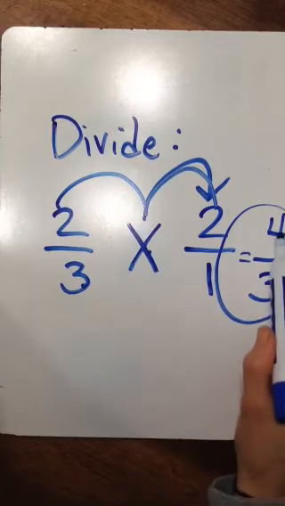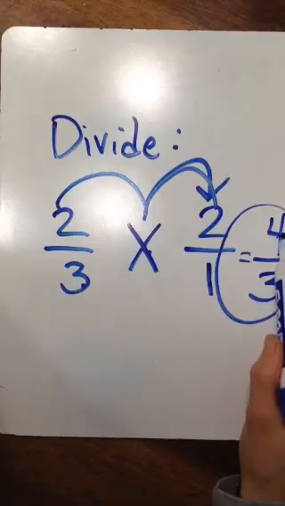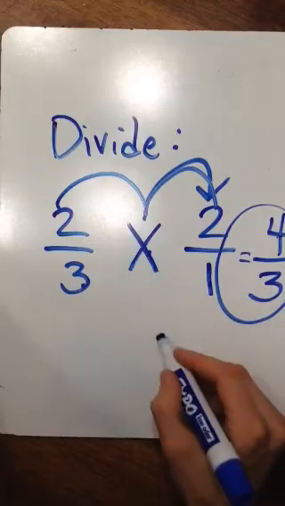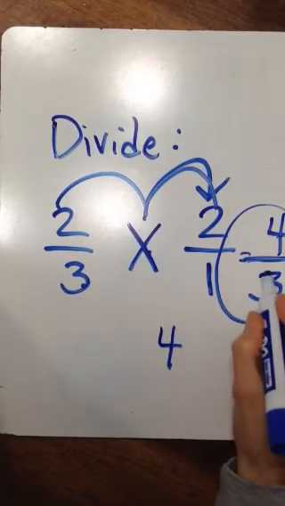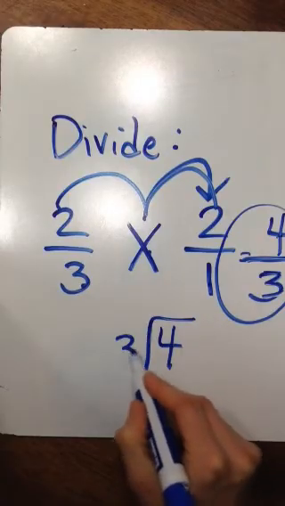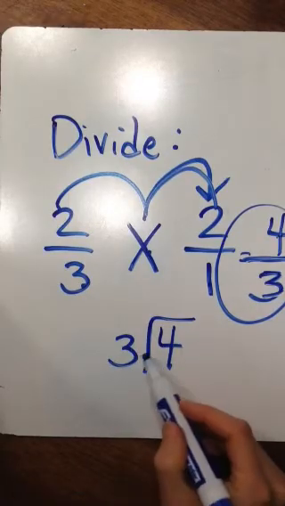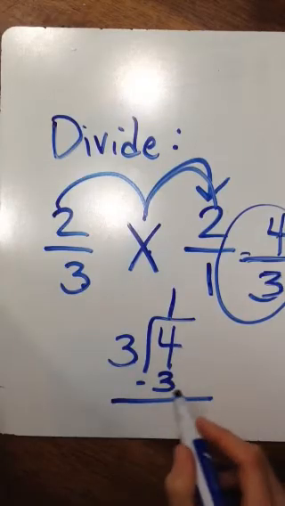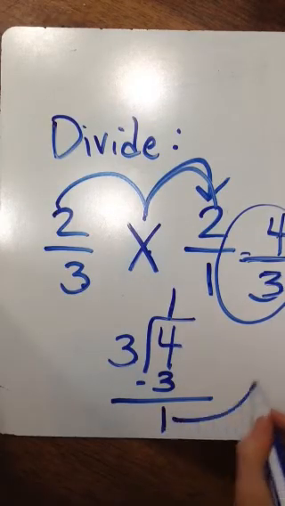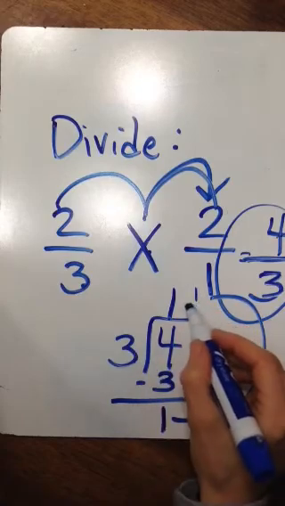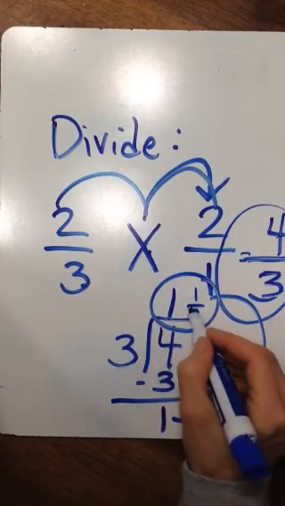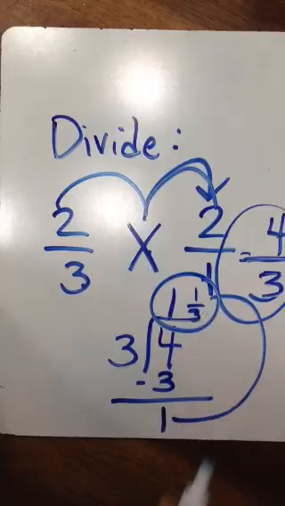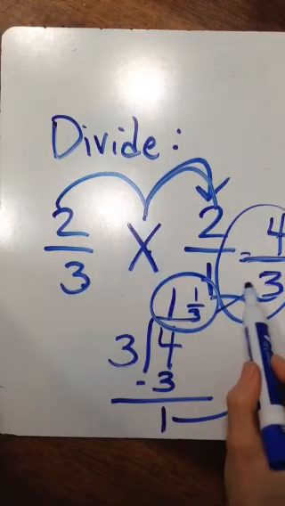So, in order for us to figure this out, we're going to take 4 divided by 3. This is the mathematical way to do that. 3 will go into 4 one time, and 1 times 3 is 3. Subtract. So now I'm going to bring the 1 up and the 3 over. So my final answer is 1 1/3, which is the same thing as 4/3.